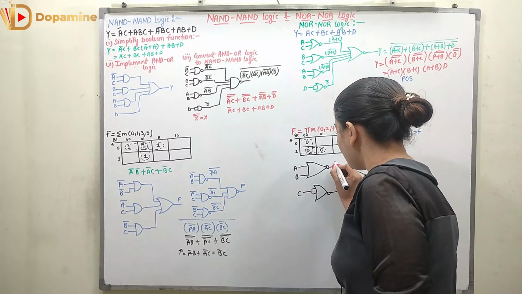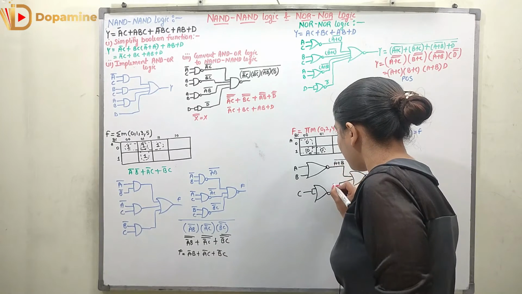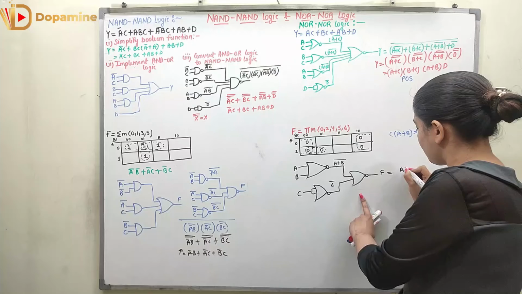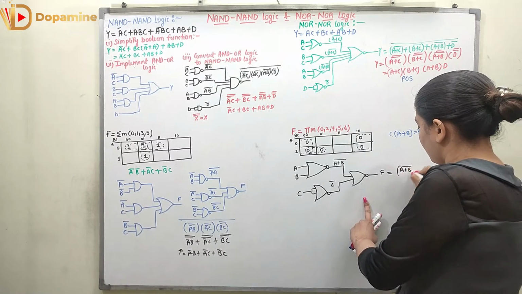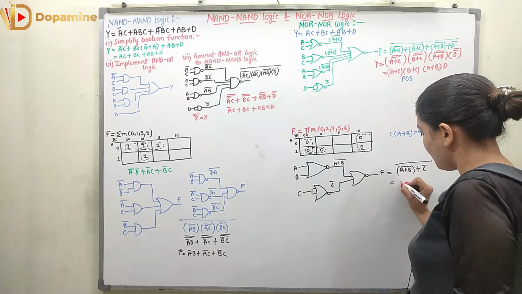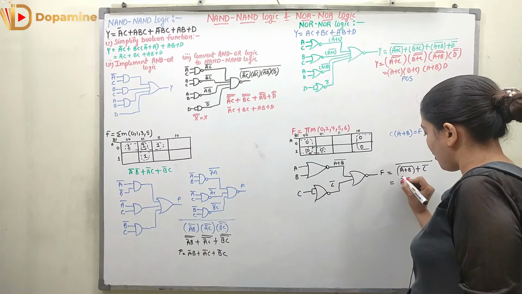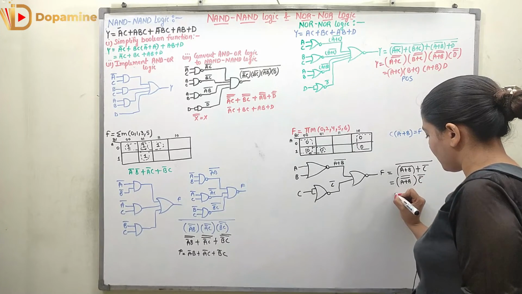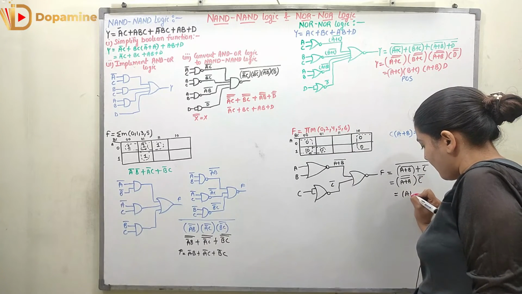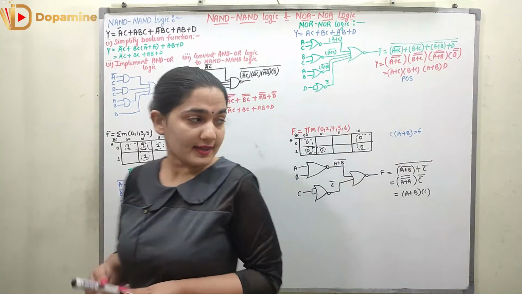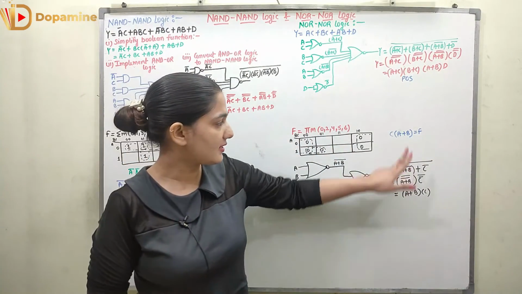So here I will get (A plus B) complement, here I will get C complement. F will be equal to ((A plus B) complement plus C complement) whole complement. Now if I apply De Morgan's law, I will have (A plus B) double complement multiplied with C double complement, which is (A plus B) multiplied with C. So this is how I can get the Boolean function. You can see we are getting the same function.